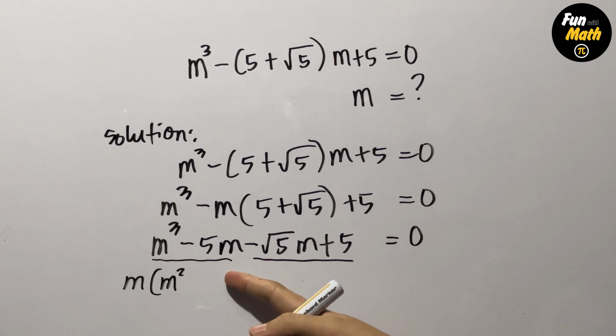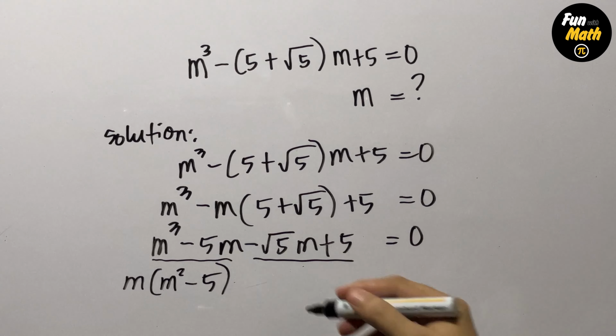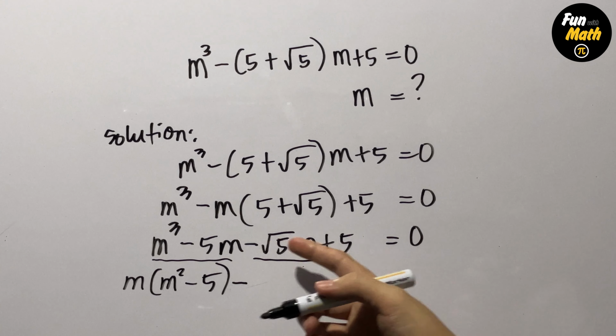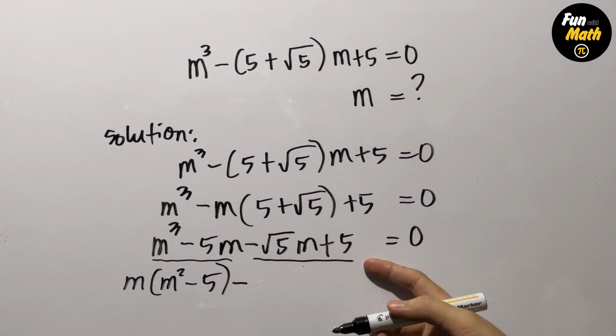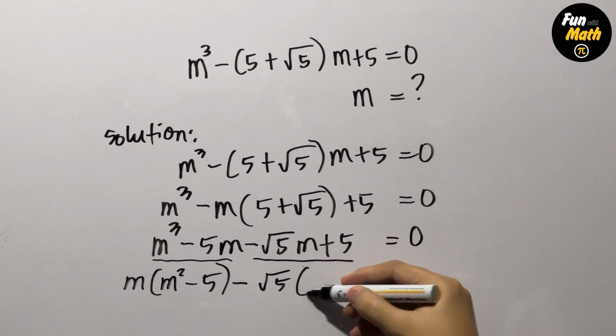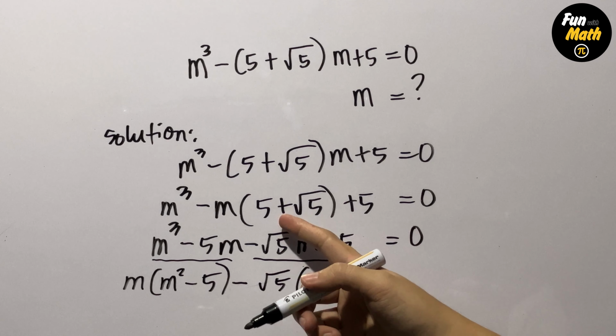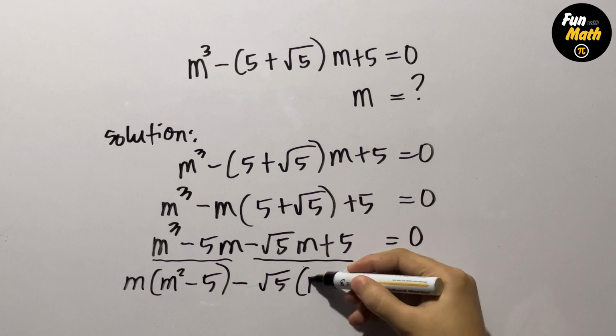Negative 5m divided by m, that's negative 5. Then minus, for this pair, the common is square root of 5. So square root of 5 times, here square root of 5m divided by square root of 5. We can cancel this and we're left with m.